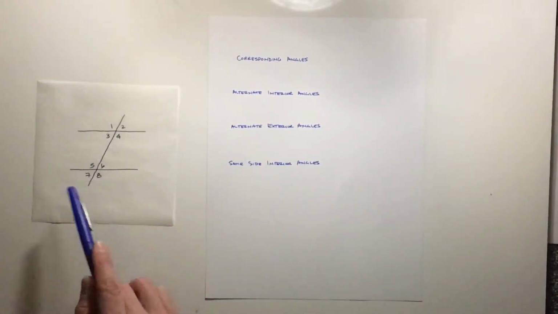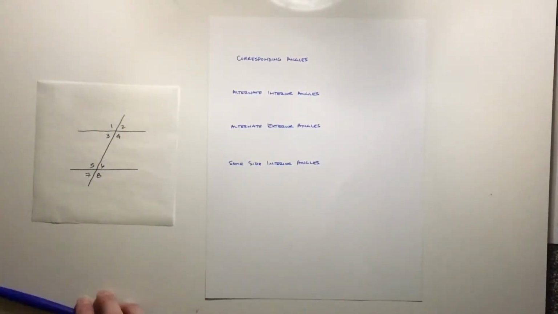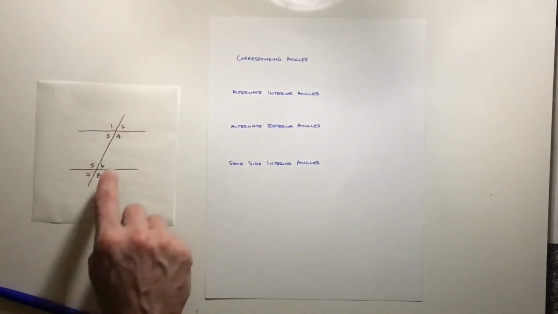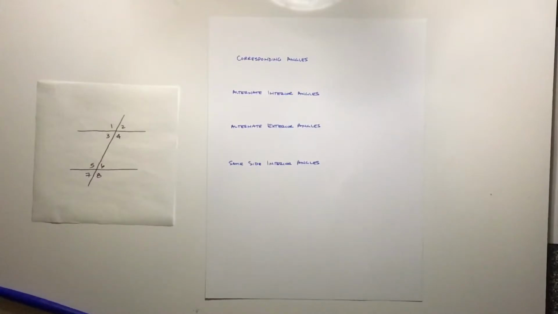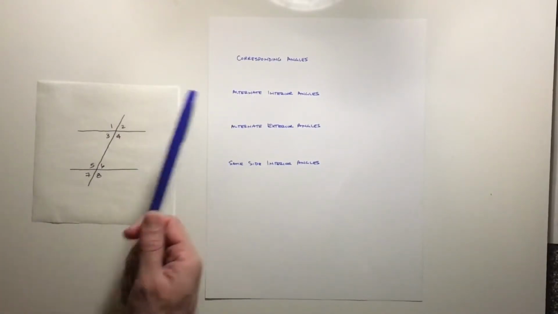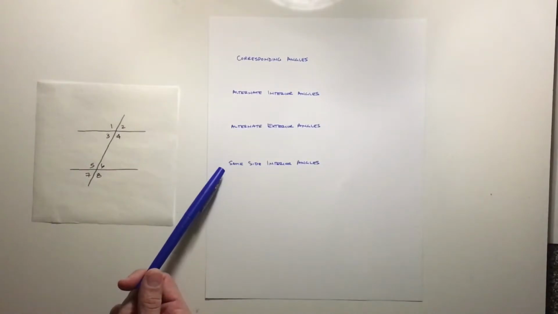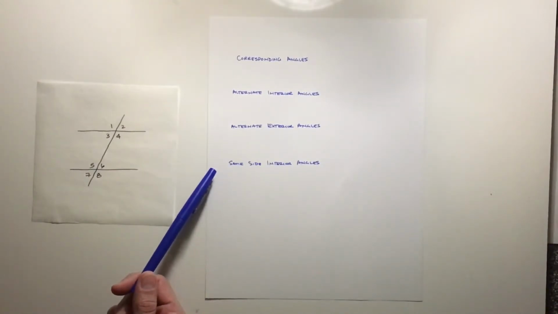When we have a transversal cutting lines, we classify angle pairs in this upper area and this lower area to relate them so that we can make mathematical conclusions about them. The four types of angle pairs that we use specifically are corresponding angles, alternate interior angles, alternate exterior angles, and same side interior angles.